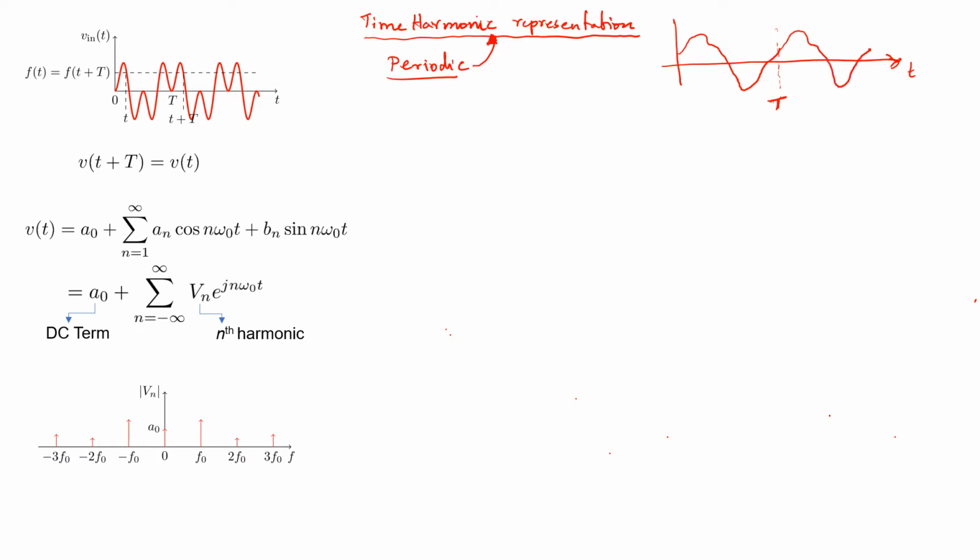It repeats itself. So it turns out that if I choose any particular time instant t, and choose another time instant which is capital T away, for this particular signal, let's call that V of t, the value of V of t is going to be the same as the value of the signal at the time instant t plus capital T. This value is essentially the same as this as well as this, whether we are choosing at this point or this particular point here.